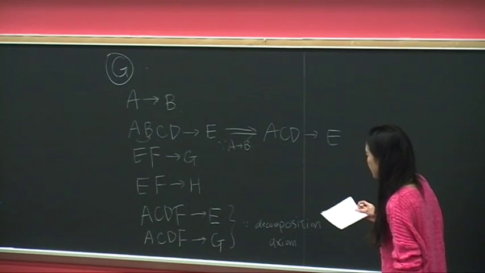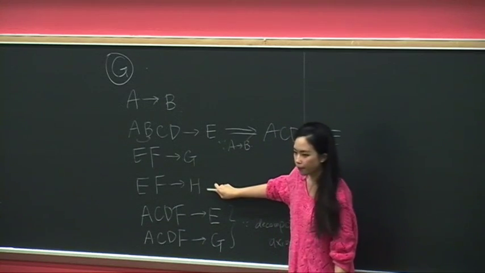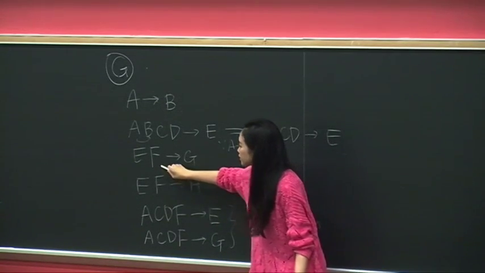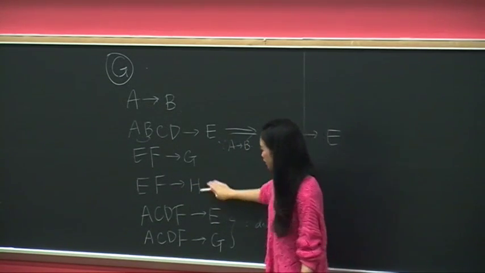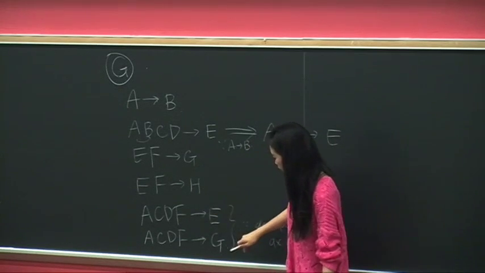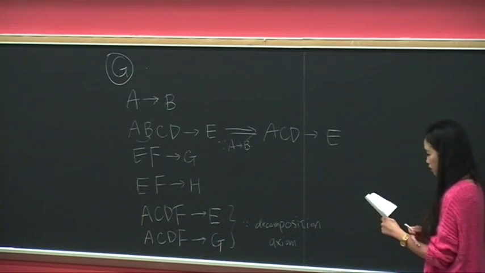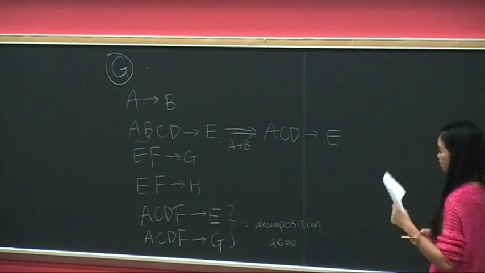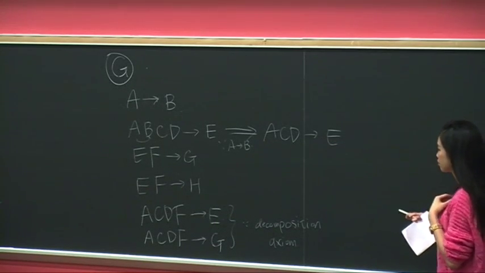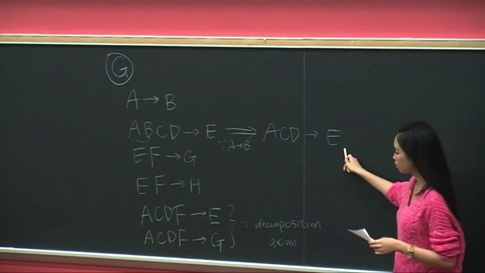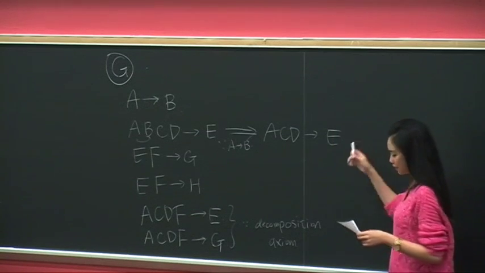Then let's take a look at these two. Do you think there is any problem for them, or should it be fine? Like the left side, EF, EF. Should be all right, so let's pass them first. But how about when you look at here? When you have A, C, D, F determining E. We don't need the F, right?